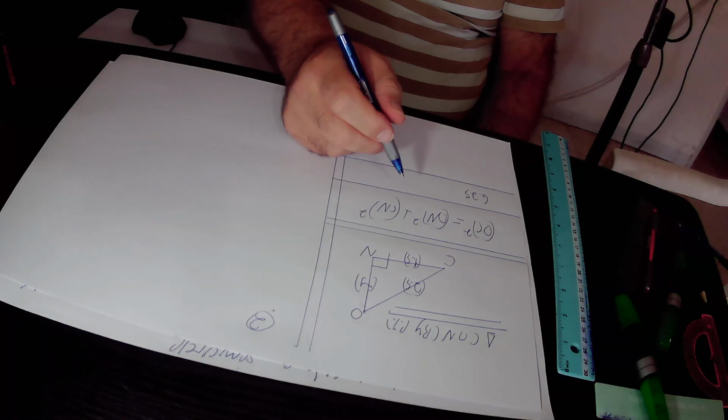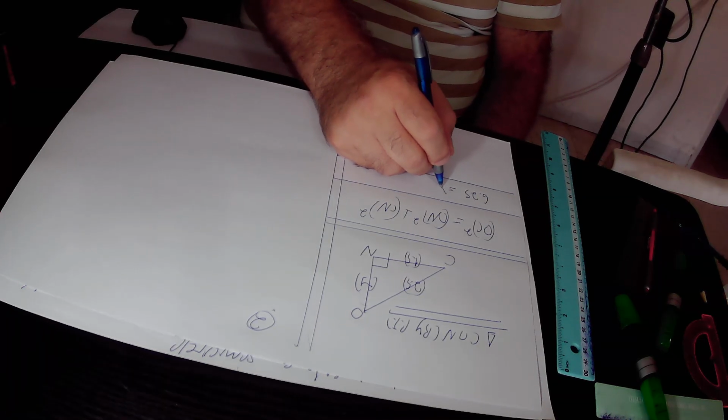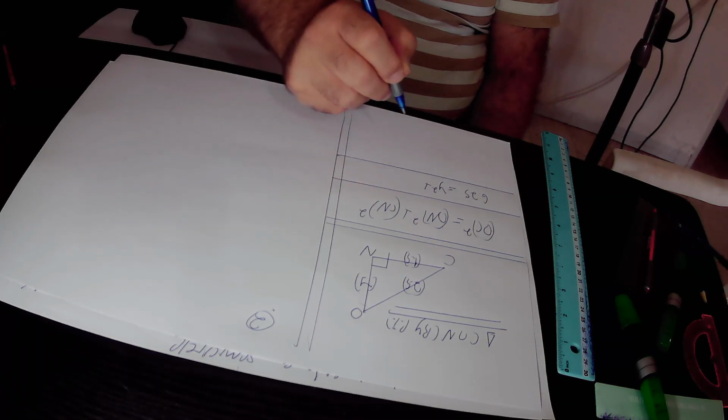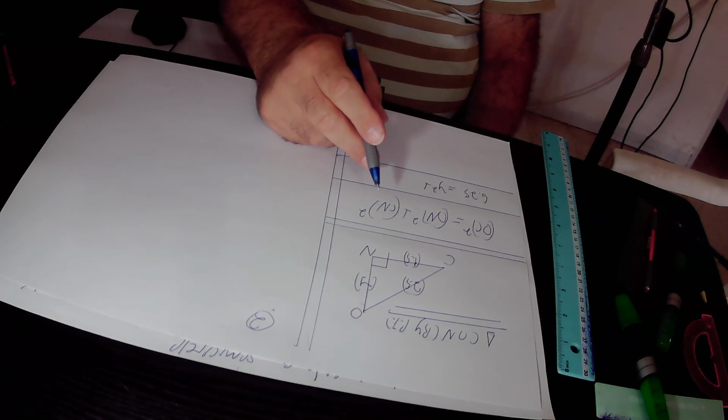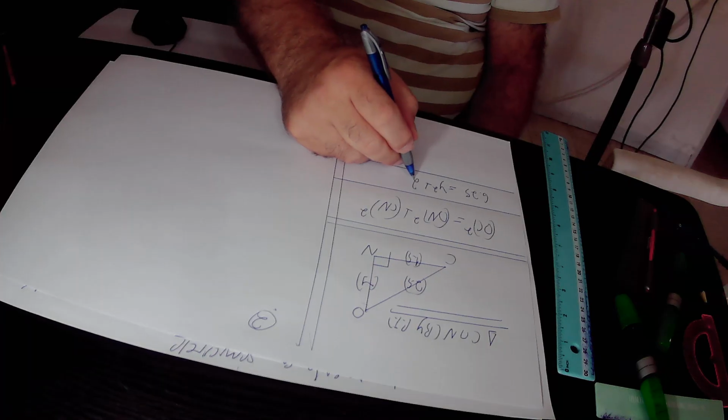ON is Y, therefore ON squared is Y squared, plus CN squared. CN is 1.5, therefore CN squared is 1.5 squared, that is 2.25.